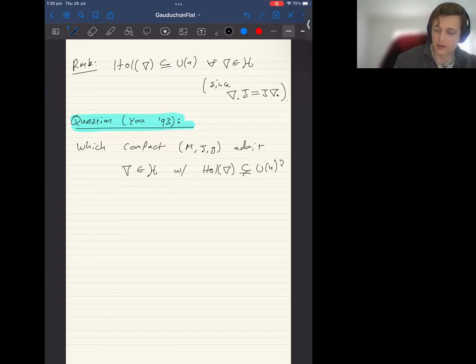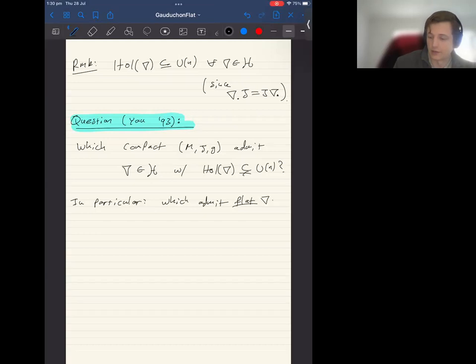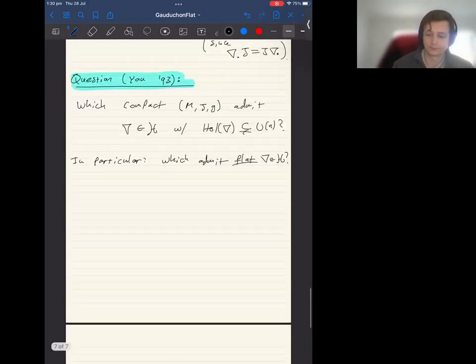Okay, so what are the metrics which have a special holonomy with respect to these connections? Okay, so in particular, this wasn't directly asked by Yau, but it's a more refined question: which admit flat Hermitian connections?